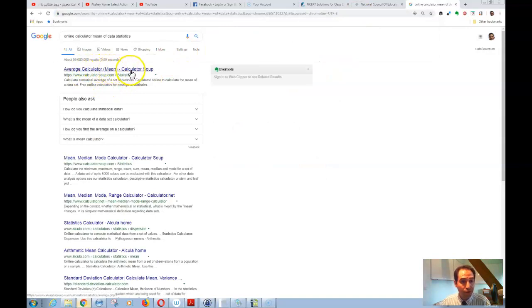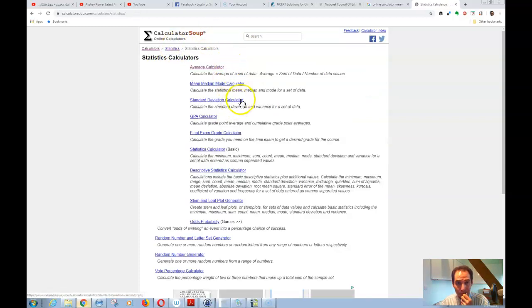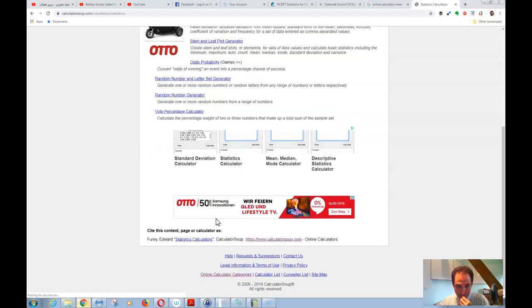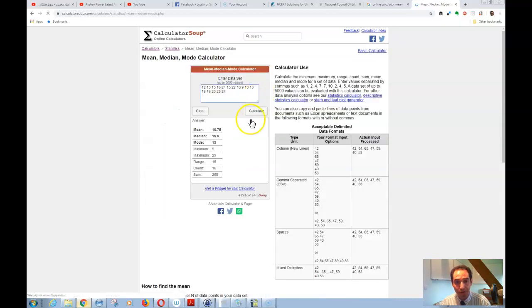So average calculator, mean calculator, soup. There are usually good calculators here. And here the median, I'm sorry. If you go to statistics, mean, standard deviation, median, mode calculator.